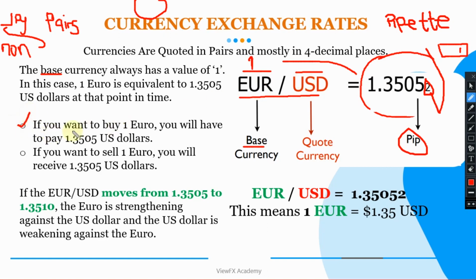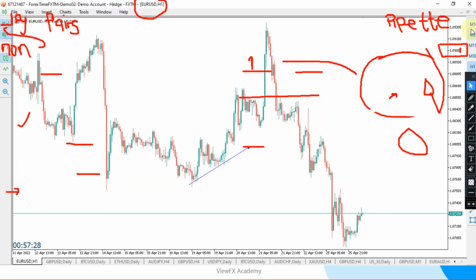Also, if you want to buy 1 euro, you will have to pay this amount of USD, which is the same thing as what you have here. Now, if you want to sell 1 euro, you will receive the same USD. This is how it's done in Forex. And now, here is something you need to know from the chart.